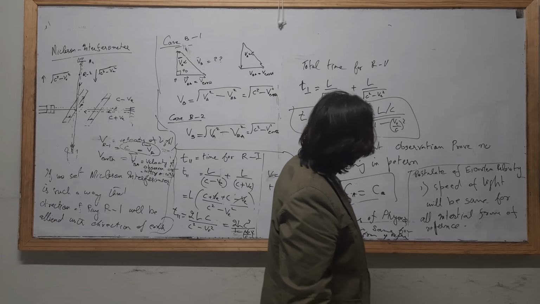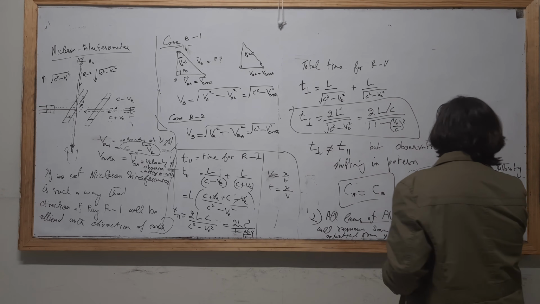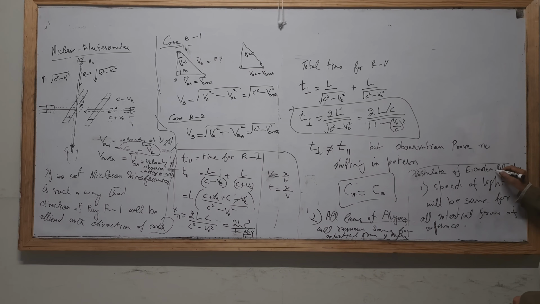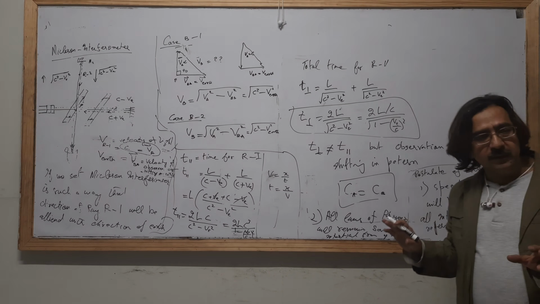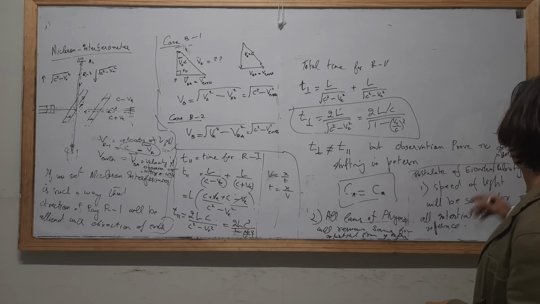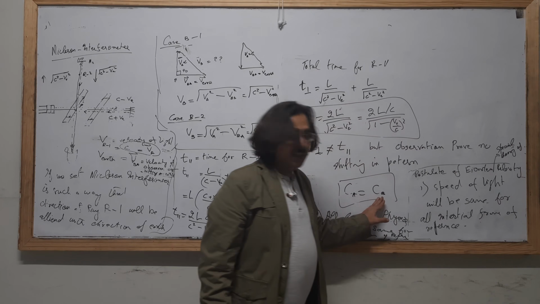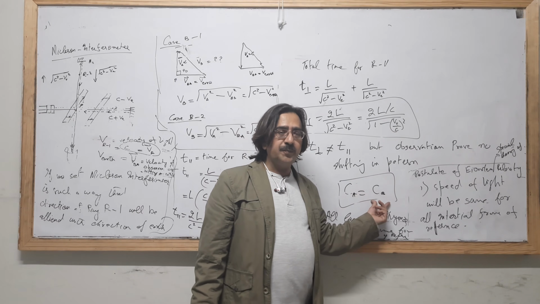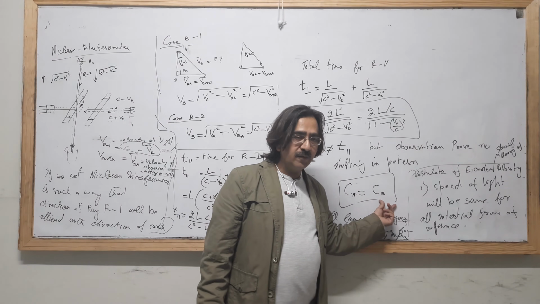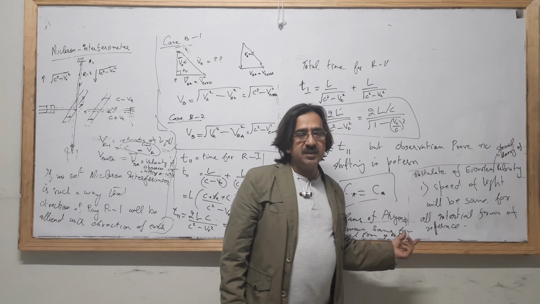This is called the special theory of relativity. General relativity is different. According to this, CA will be equal to CB. The speed of light will be the same for all observers. Secondly, the laws will not change.